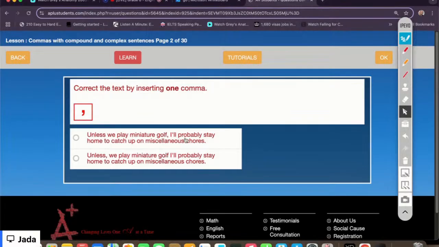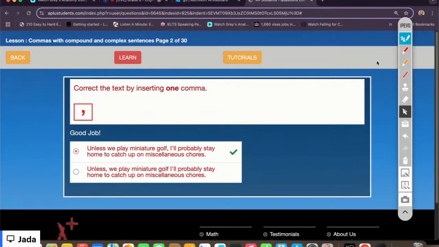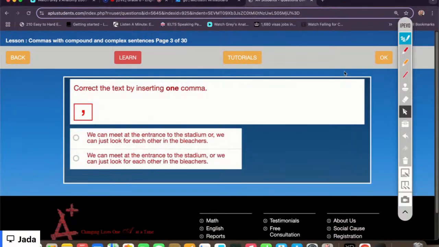Alright, so we have what? First one again. Okay, we can meet at the entrance to the stadium, or we can just look for each other in the bleachers.